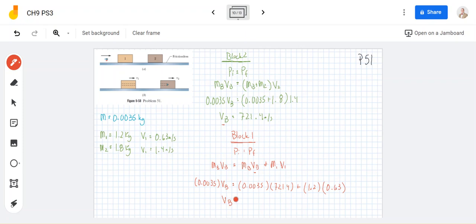Put it in my calculator. I got 937 meters per second. So that's the speed of the bullet before it enters block 1.